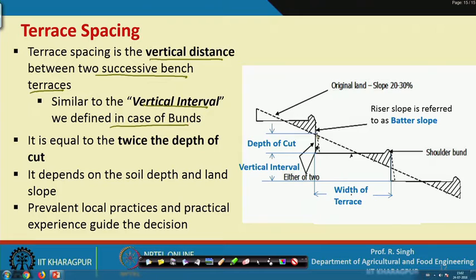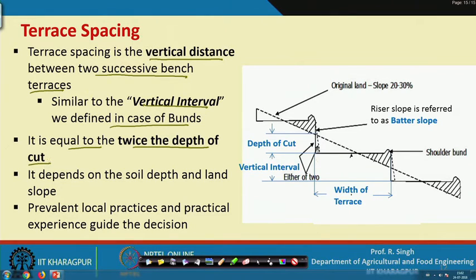And obviously, as you can see here, this is the depth of cut and this is the fill, and because we have already said that we try to keep a balance between cut and fill, that is why typically it is equal to twice the depth of cut.